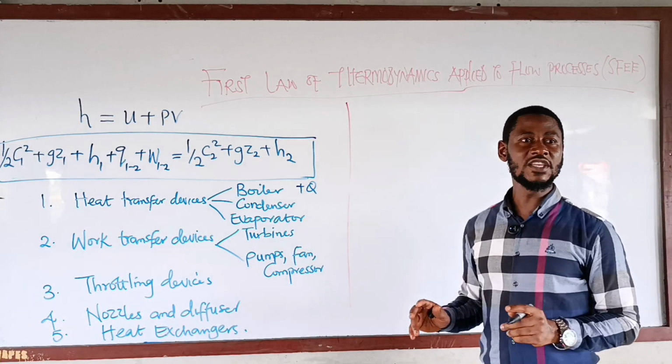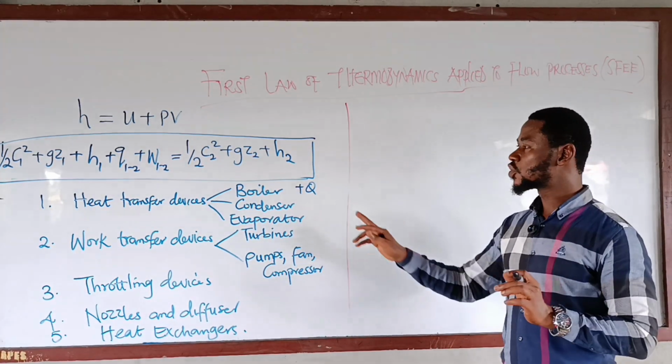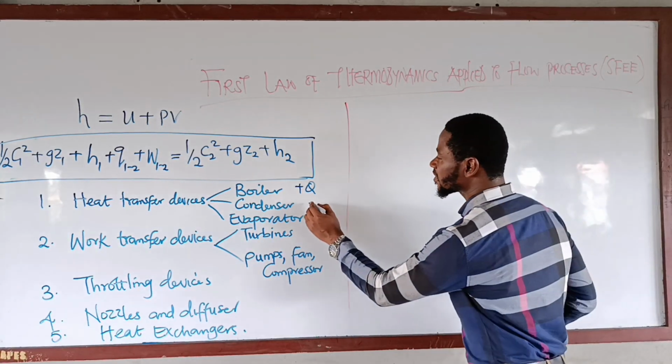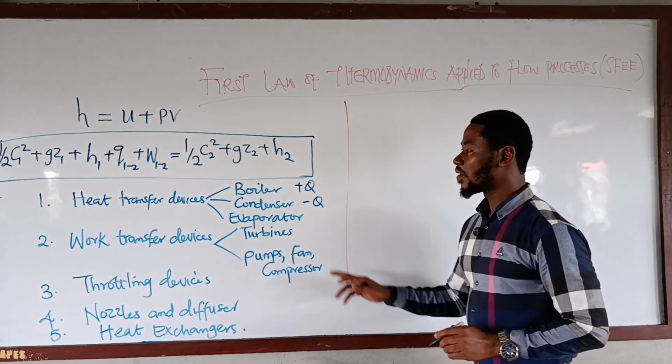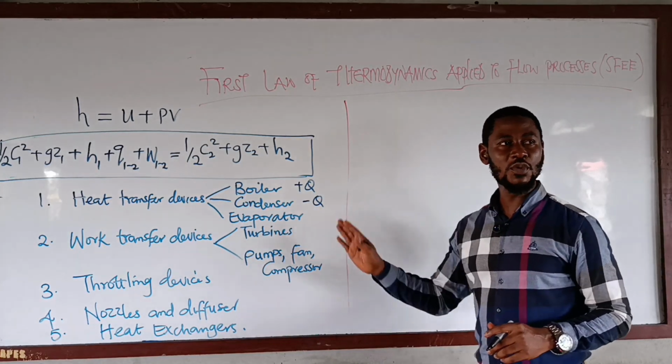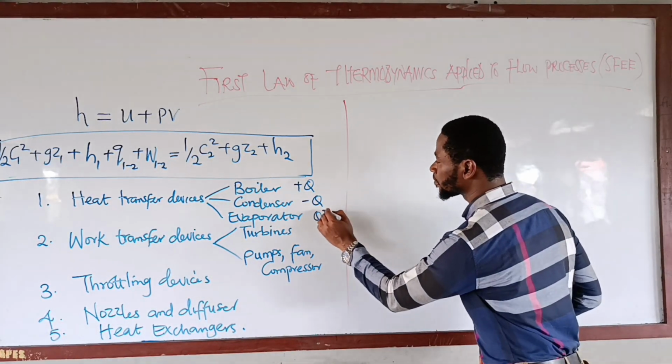The condenser is used to remove heat and throw it out to the environment. So in this case, the sign for heat is negative. The evaporator serves the same purpose as the boiler, which is taken as positive.